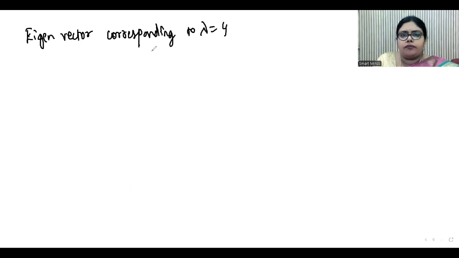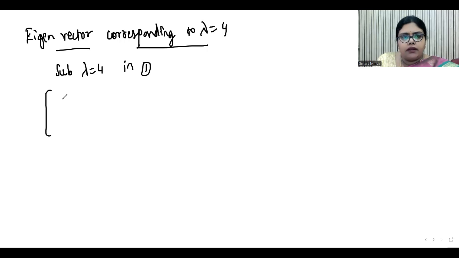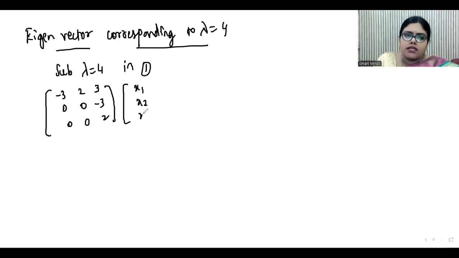Now let us see the eigenvector corresponding to lambda equal to 4. Substituting lambda equals 4 in equation number 1, we get minus 3, 2, 3; 0, 0, 1; 0, 0, 2 into x1, x2, x3 equal to 0, 0, 0.